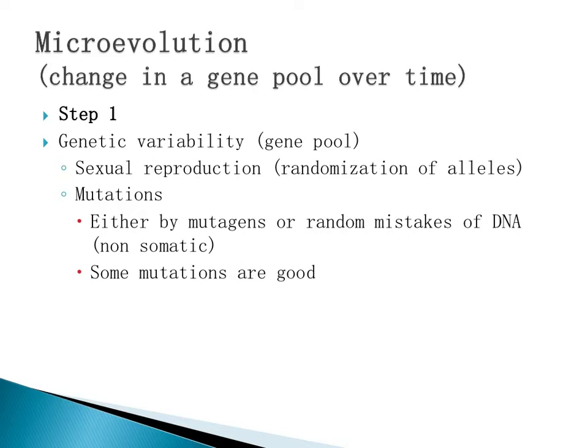Well, what's going to happen is those green frogs are going to go bye-bye because they are very easily seen by their predators, and the brown frogs are going to remain. What happens then is the brown frogs reproduce, and of course that brown gene is passed on and on and on. That's microevolution. We have sexual reproduction, which is the randomization of alleles.